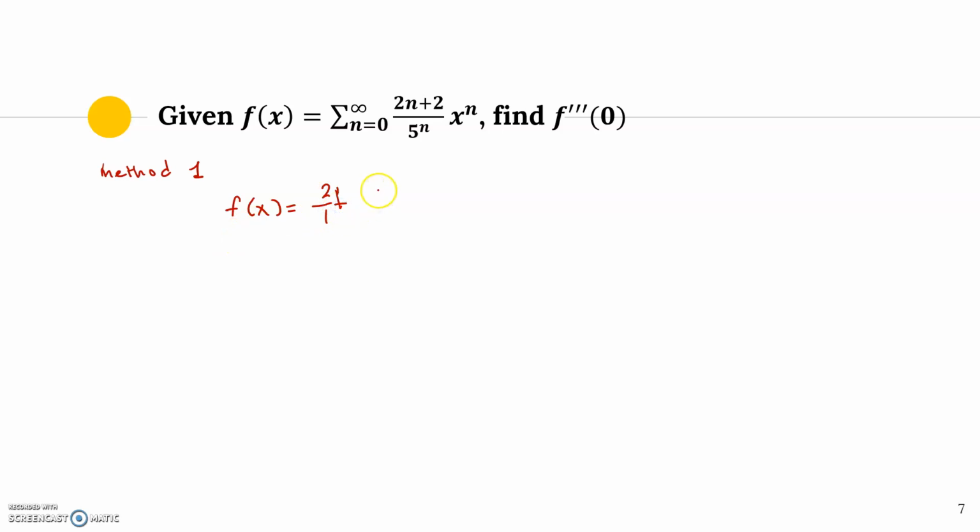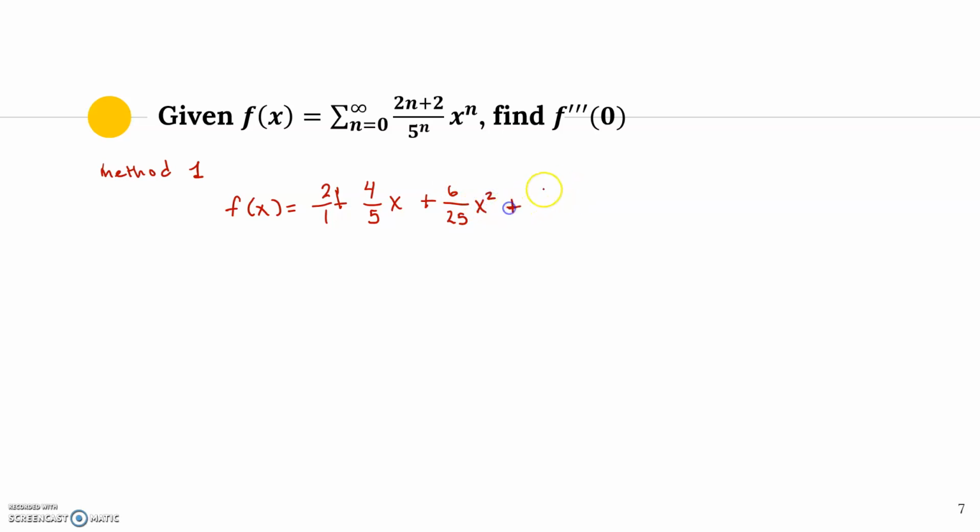And then the next term would be, if I plug in 1, it'd be 4 fifths x. These are all going to go away when I take my third derivative. And so then if n is equal to 2, I'd have 4 plus 2 is 6 over 25 x squared.